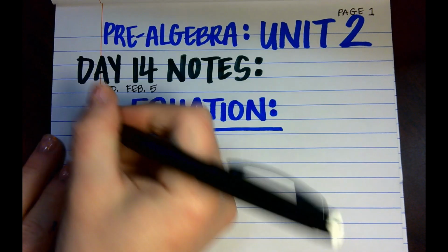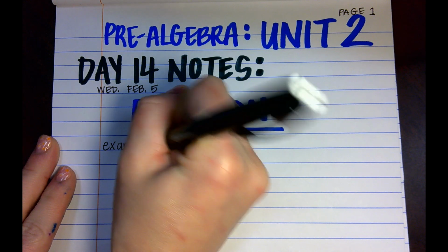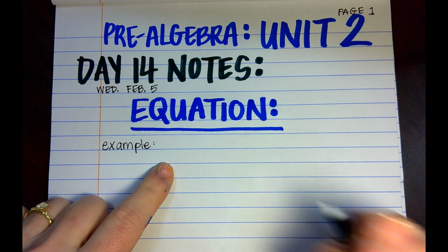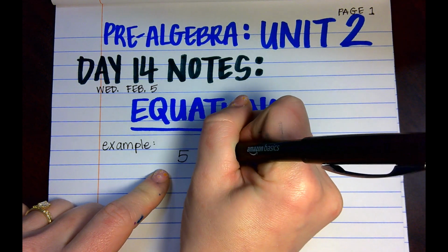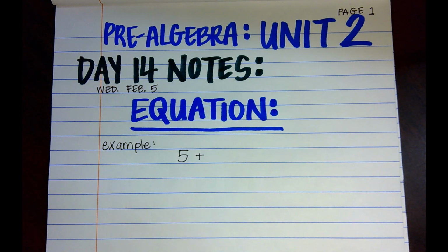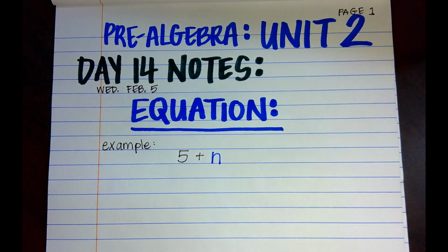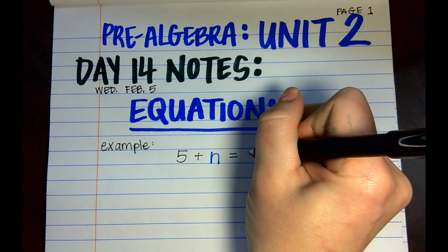So, an example of an equation would be, say, 5 plus n equals 10.